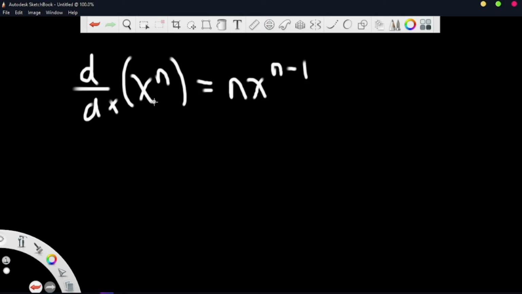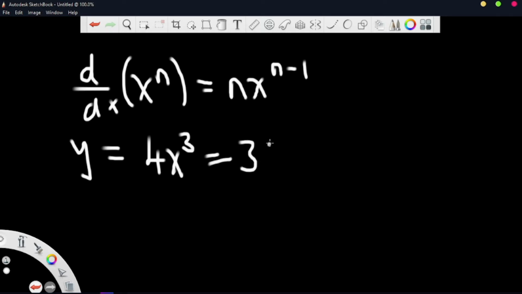So how can we apply this rule? Say they want us to find y is equal to 4x to the power 3. Notice that my power, which is my 3, will come and multiply my number 4, so this will be 3 times 4.